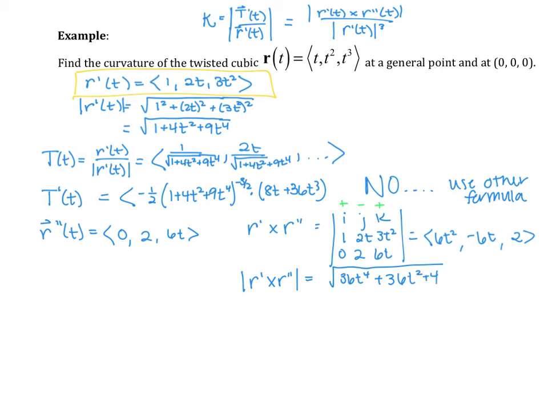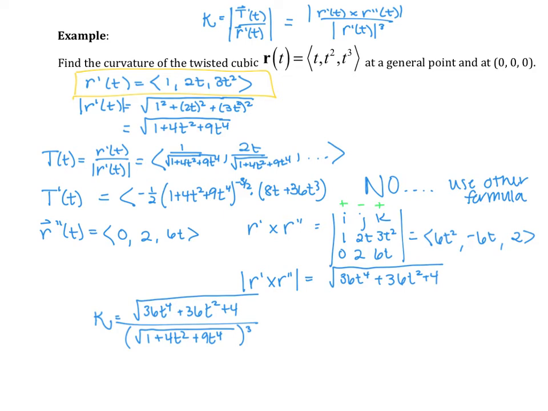And so then my curvature is going to be the square root of 36t to the fourth plus 36t squared plus 4 over the magnitude of r prime cubed. So let's do the magnitude of that. Not pretty either: 1 plus 4t squared plus 9t to the 4th, to the 3rd.